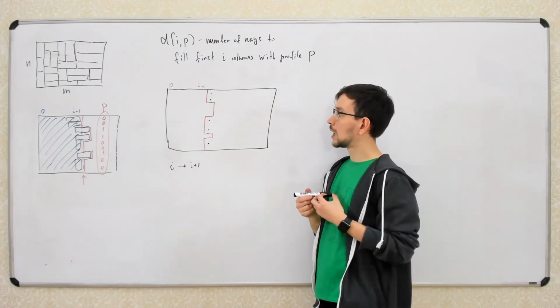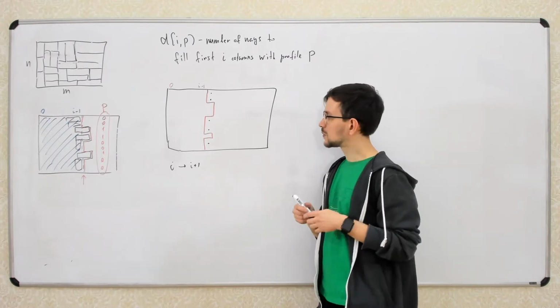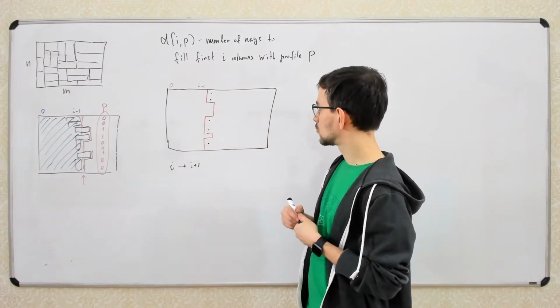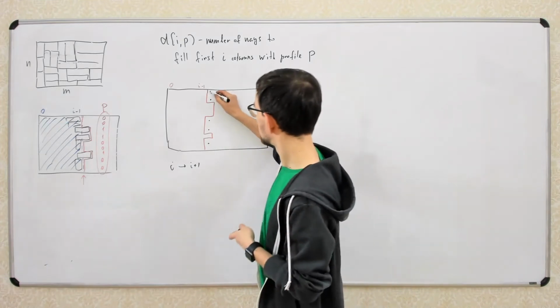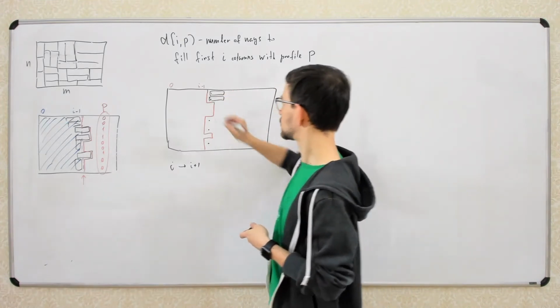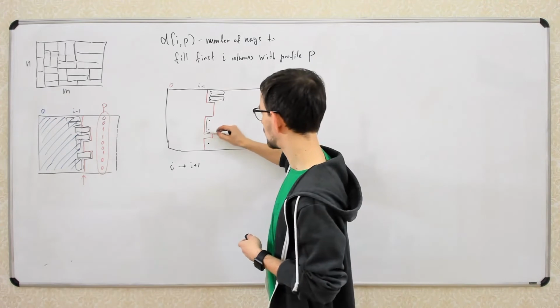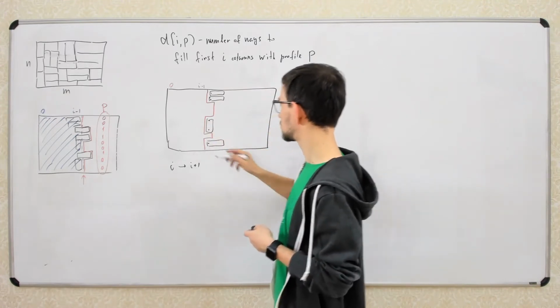How to fill them? Well, there are possible ways. So for example, here you may add 2 horizontal tiles, and here you may add 1 vertical tile, and here you may add 1 horizontal tile, and so on.